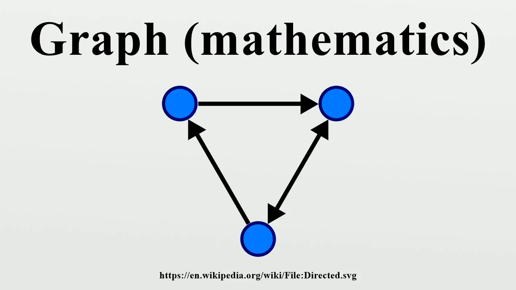The former type of graph is called an undirected graph and the edges are called undirected edges, while the latter type of graph is called a directed graph and the edges are called directed edges.